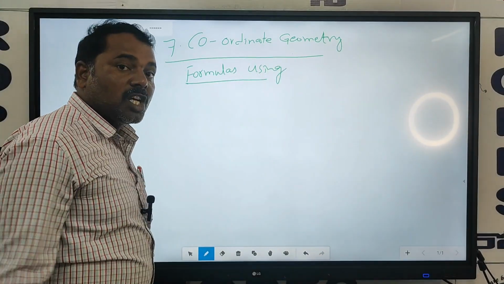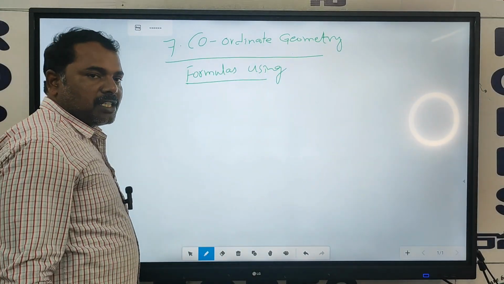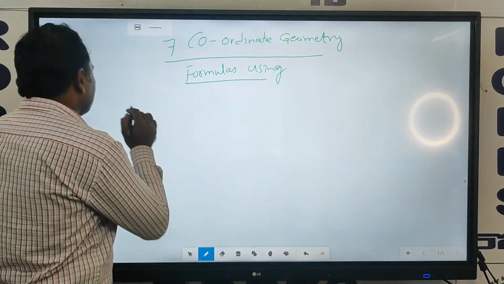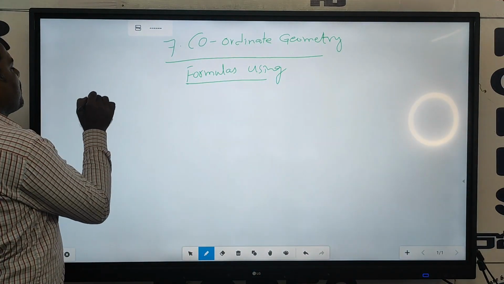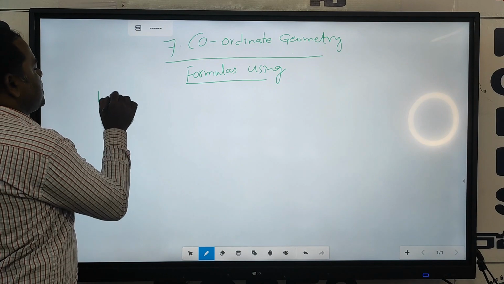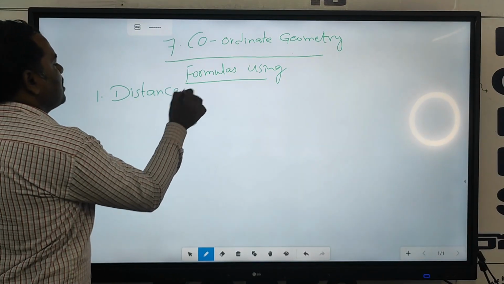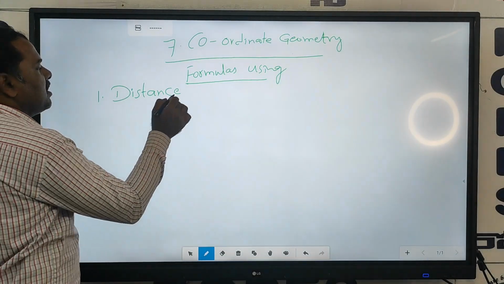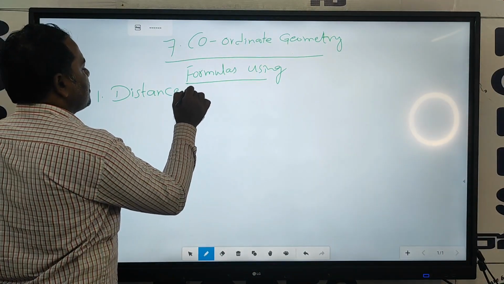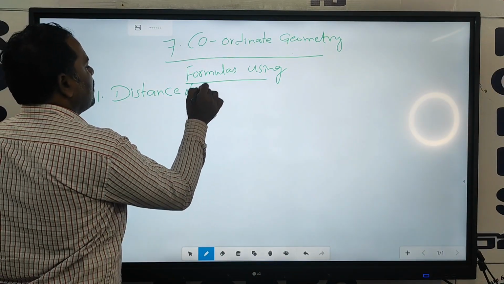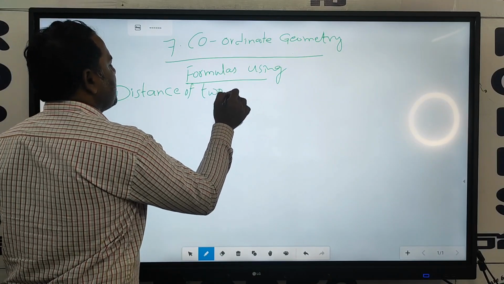What are the formulas we are using in the coordinate geometry? So first we will see the first one, the distance formula, distance of 2 points.